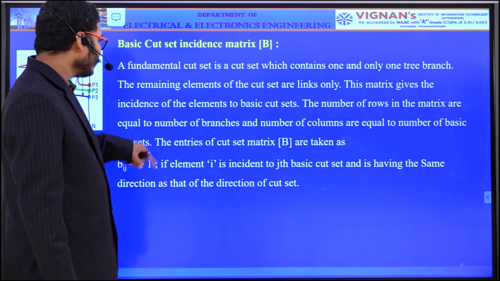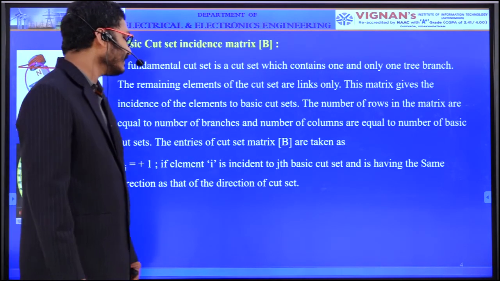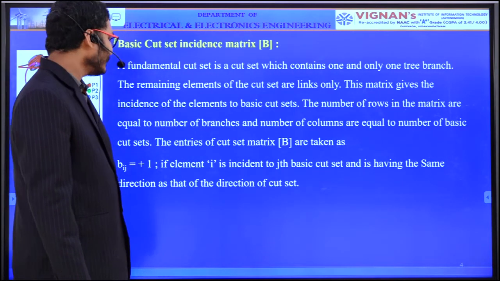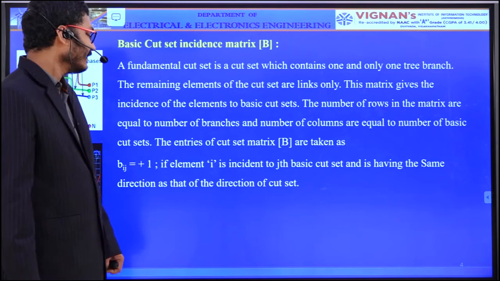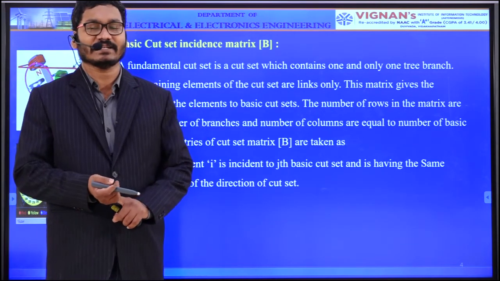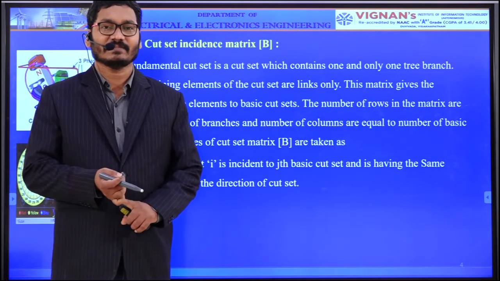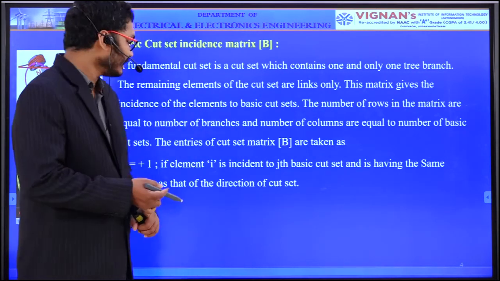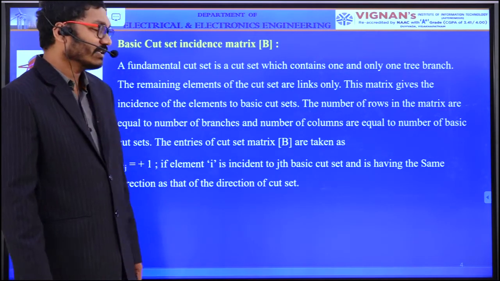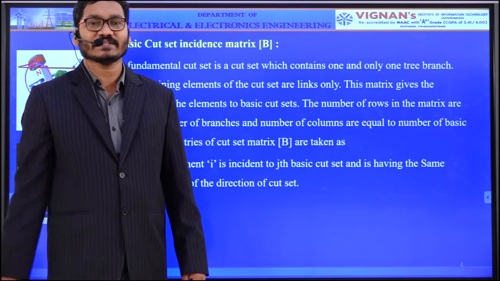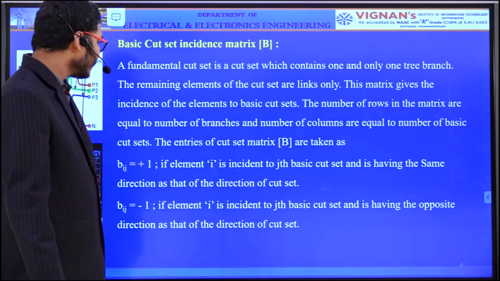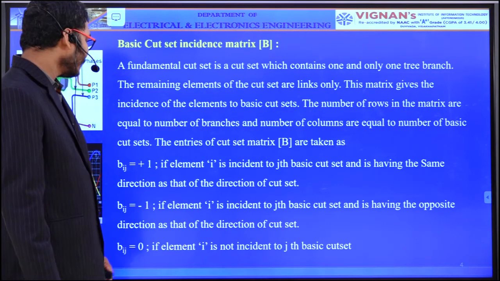We get +1 if element i is incident to the jth basic cut set and has the same direction as the cut set direction. If it is opposite to the cut set direction, we call it -1. If it is not coincident with that cut set, it is 0.